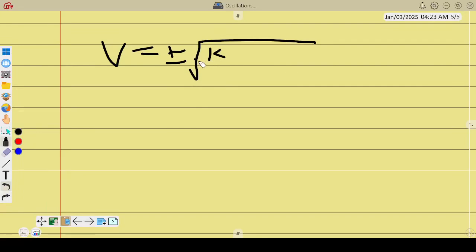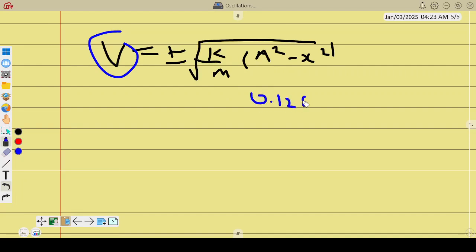So v equals the square root of k over m times a squared minus x squared. Here k you put 144, 0.25 for the mass, and the amplitude is 0.125. For x, since it is a over 2, you divide 0.125 by 2, and then you can proceed.